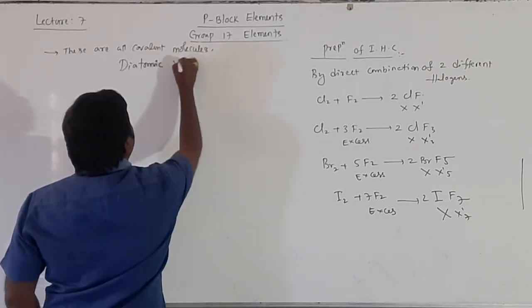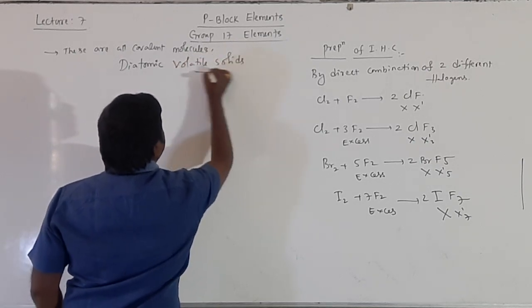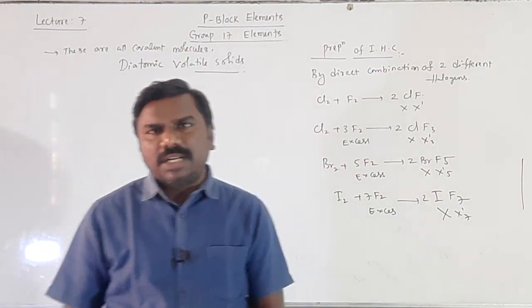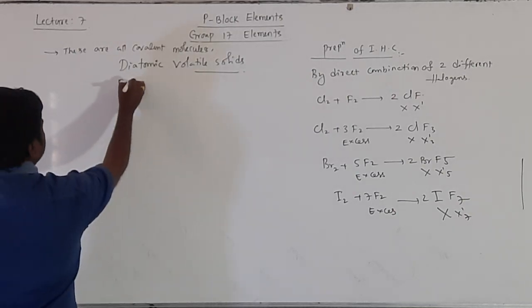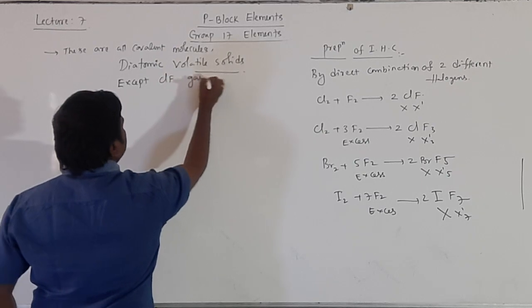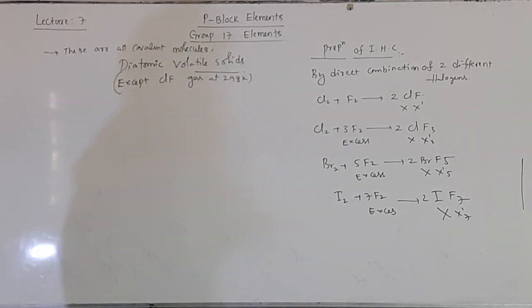Volatile solids actually, which means easily vaporizable solids, except ClF, which is a gas at 298 kelvins. It is an exception, right?